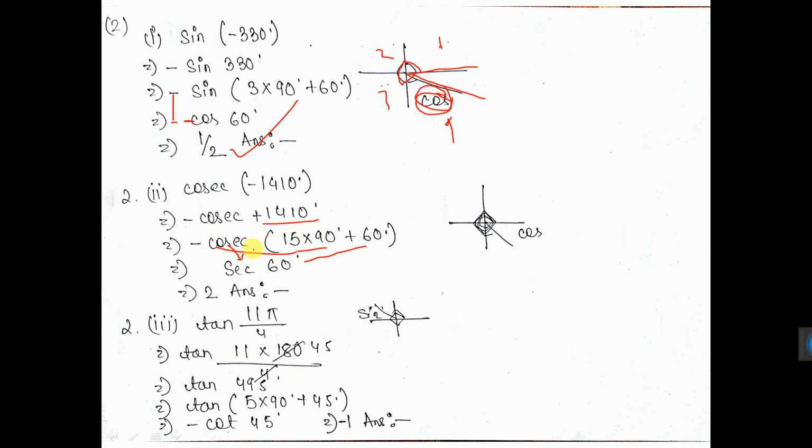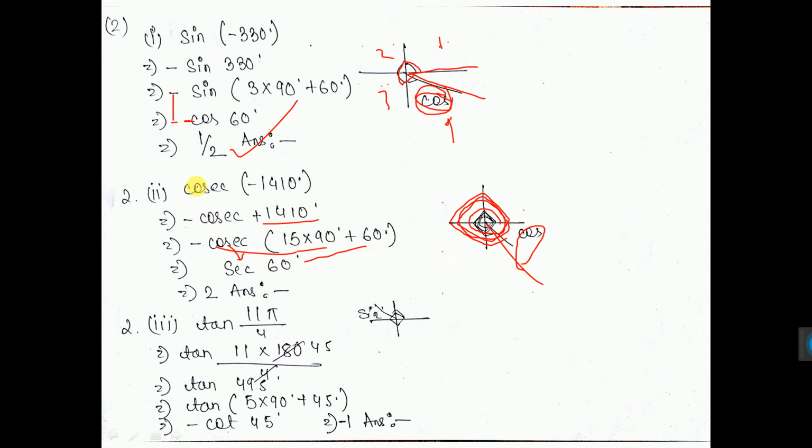Now we have to see the quadrant again. 15 into 90, start from here. 1, 2, 3, up to 15 into 90 plus theta, that is here.